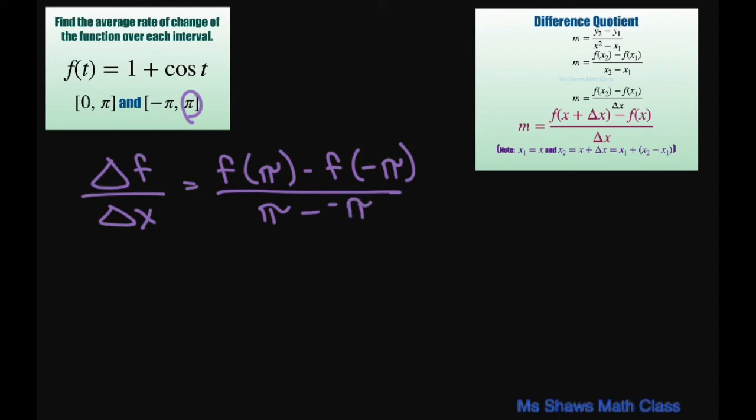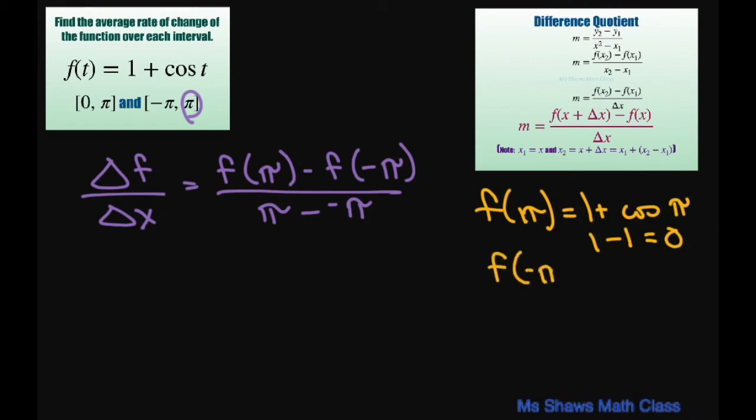All right, so we're going to get 1 plus cosine of pi. Let me write this out better. We have f of pi. That's going to equal 1 plus cosine of pi, which equals 1 minus 1, which equals 0. And same thing is going to happen with f of negative pi.